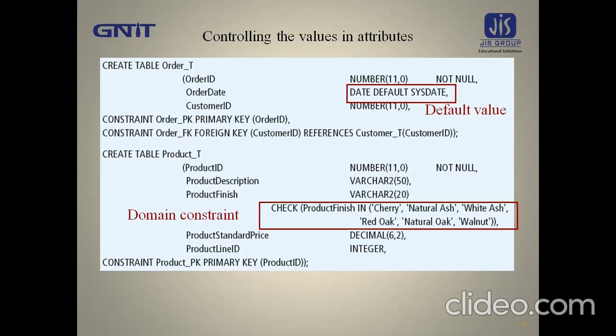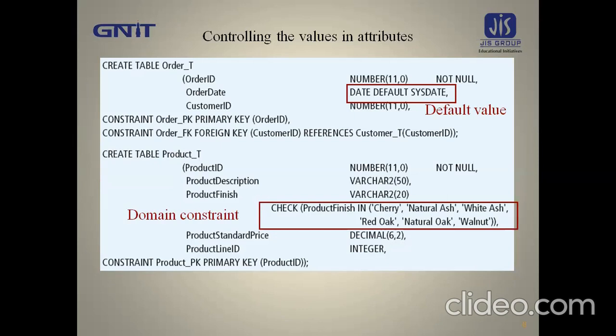The data type we are specifying as date. So date is one data type available in all RDBMS SQL packages. And we're writing the default is sysdate, that is referring to the system date.